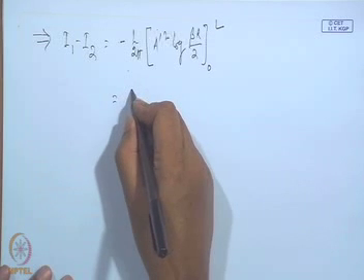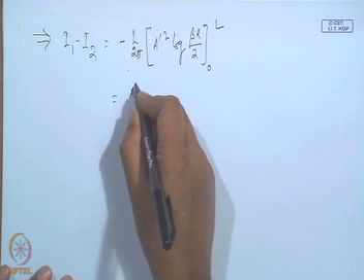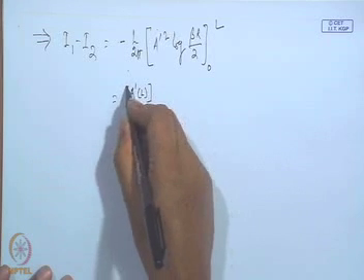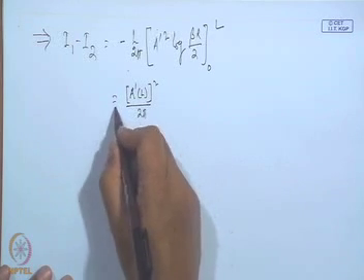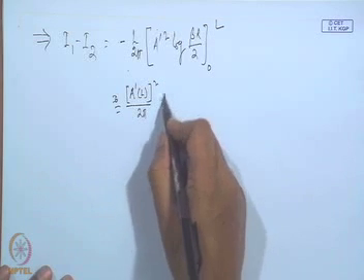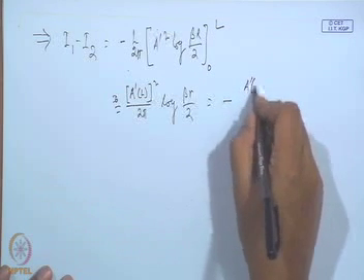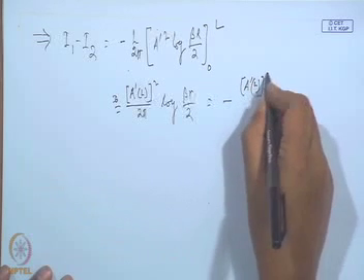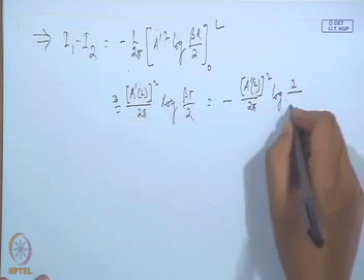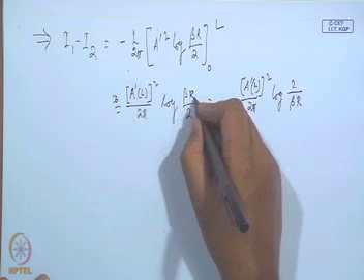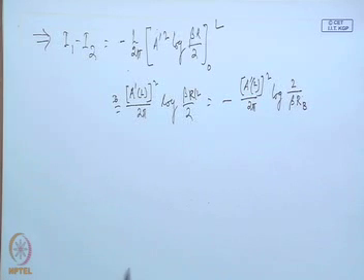So, this becomes a prime at L square by 2 pi log beta r by 2, where r b is the radius at the base.